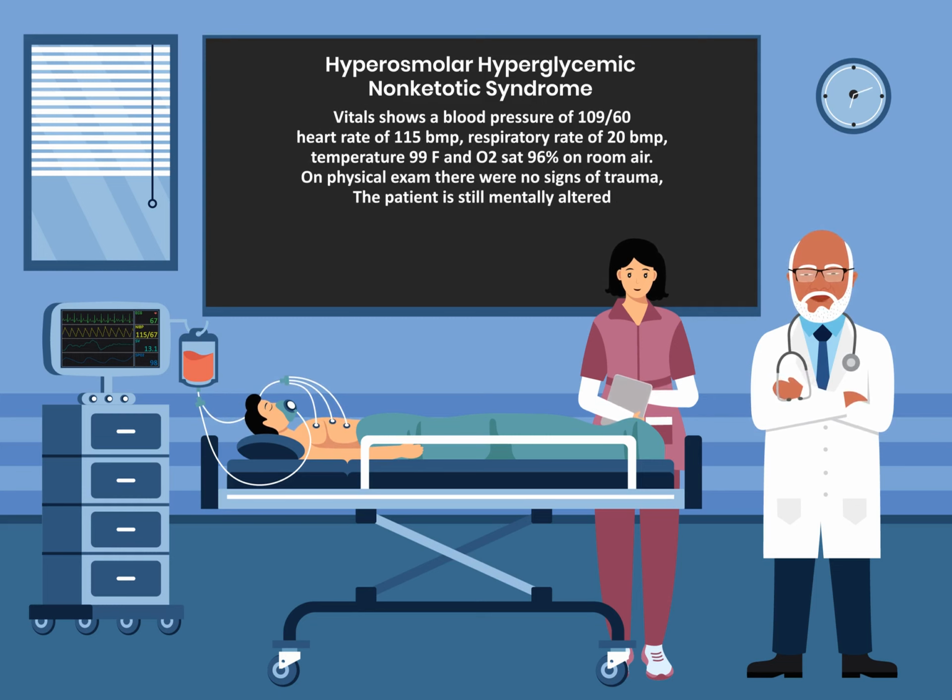Vitals showed a blood pressure of 109/60, a heart rate of 115, respiratory rate of 20, temperature of 99, and O2 sat 96 on room air. On physical examination, there were no signs of trauma, and the patient is still mentally altered.